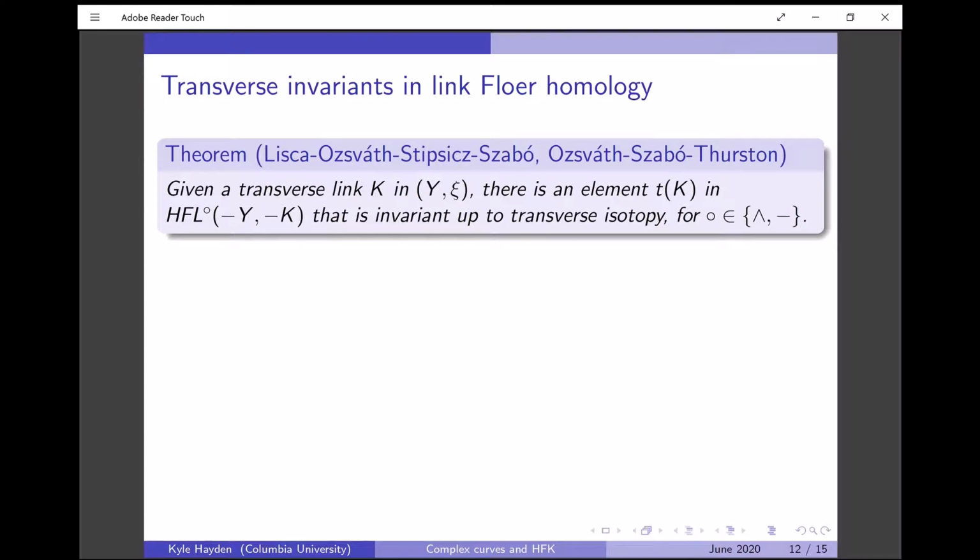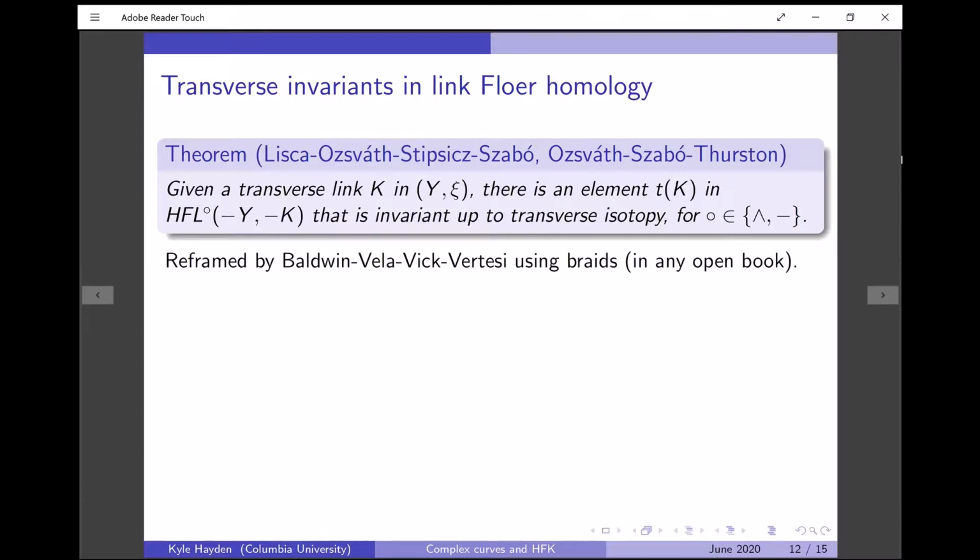And so here I'm thinking of the hat flavor or the minus flavor of the link Floer homology. And this was reframed by Baldwin, Vela-Vick, and Vértesi using braids. And although for our context, when we think about braids with respect to the standard open book for the 3-sphere, which has disks as its pages, their formulation holds in any open book and allows them to work in arbitrary contact 3-manifolds.